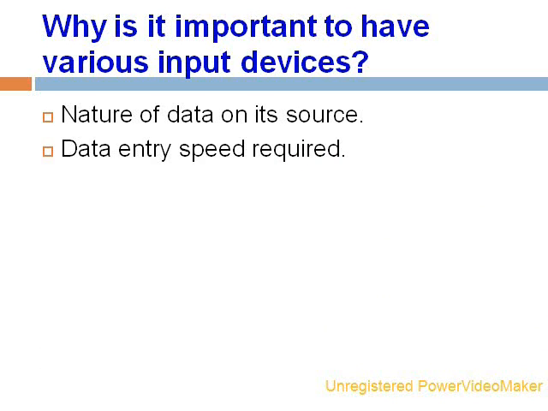Another reason is that when we enter data, we may want to enter data in various ways. For example, we may want to enter data very fast. The speed may matter. Some input devices can be very fast. Others may not be very fast to enter data into the computer.